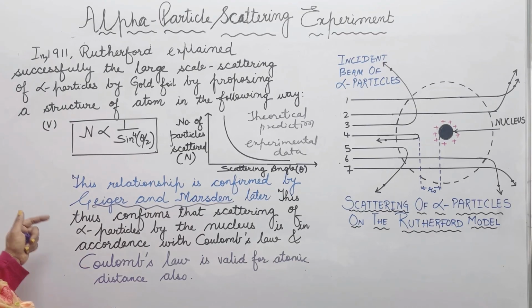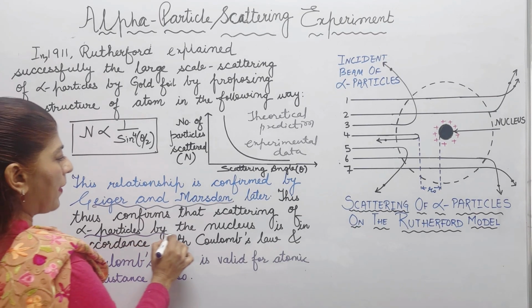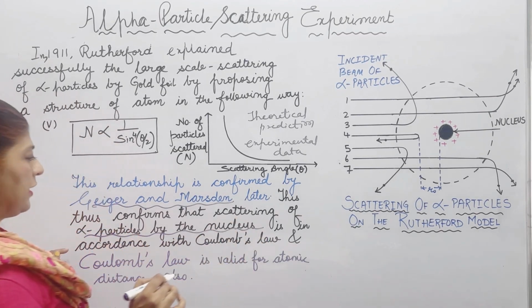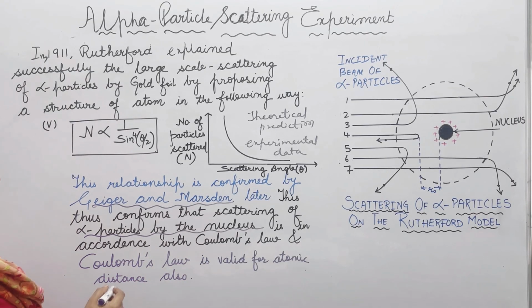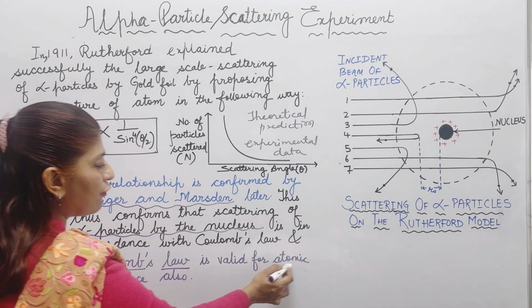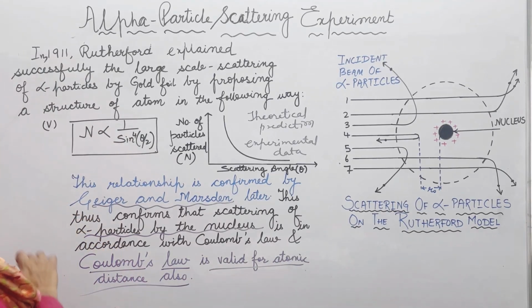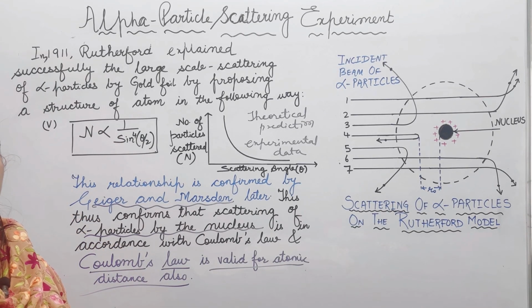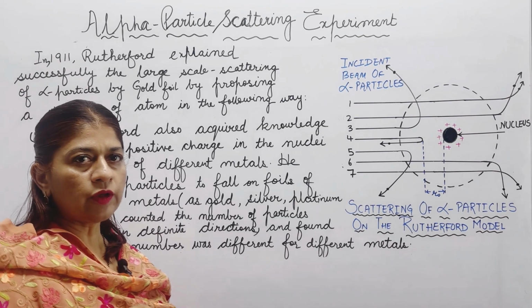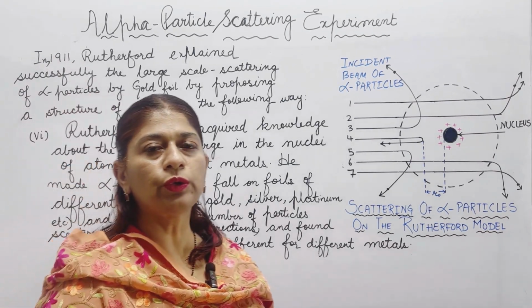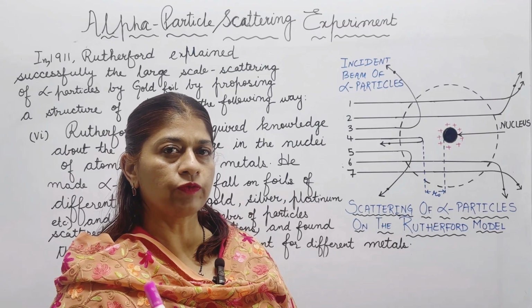So this confirms that scattering of alpha particles by the nucleus is in accordance with Coulomb's law, and Coulomb's law is valid for atomic distances also. So this is one of the very important conclusions. Rutherford was not limited to only the gold foil.